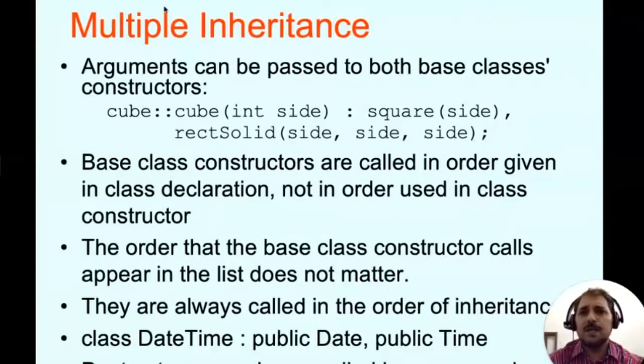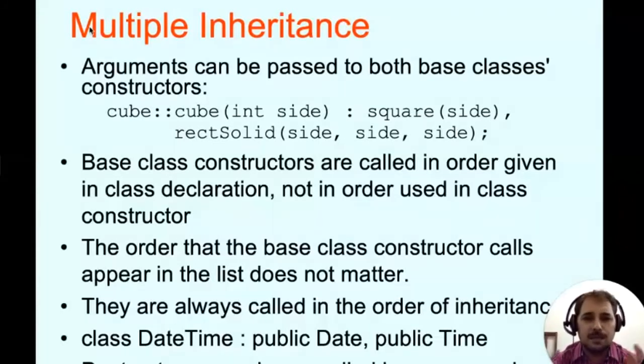In multiple inheritance, if the derived class constructor calls the base class constructors, it will be like this. For example, the cube constructor is calling the constructor of square and the constructor of rect solid and passing arguments. In this case, one argument goes to square and three arguments to solid rect, and the cube has one argument. So the question is how the cube, having one argument, can pass four arguments to the base class constructors.